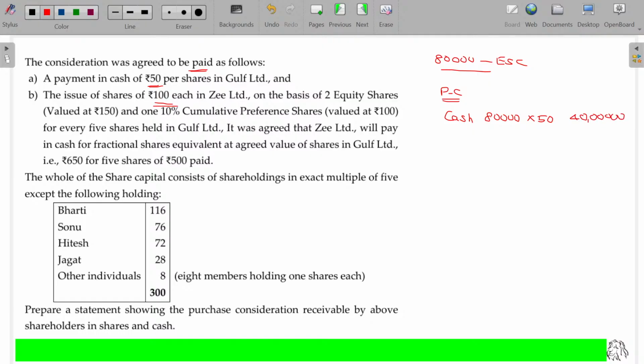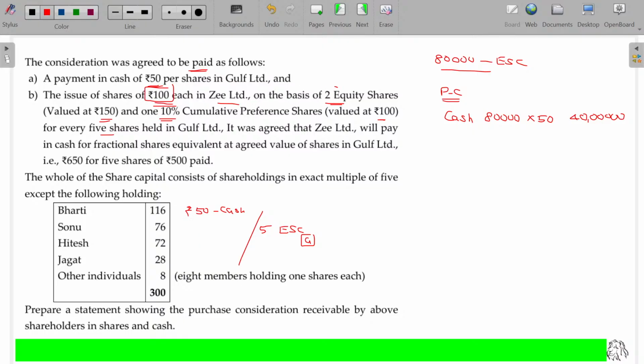The issue of shares of rupees 100 each in Z Limited on the basis of two equity shares valued at rupees 150 and 10% cumulative preference shares valued at rupees 100 for every 5 shares held. So if you are holding 5 shares in Gulf, you will be getting rupees 50 cash as well as equity share capital of rupees 100 each.